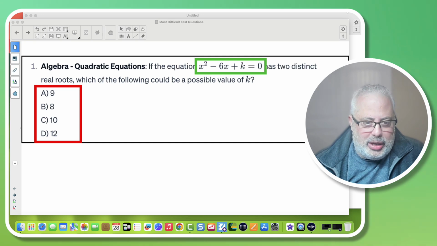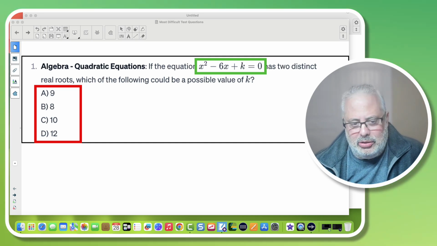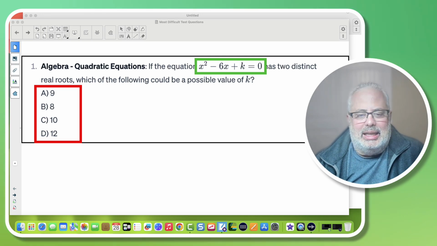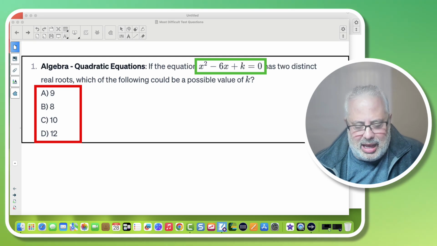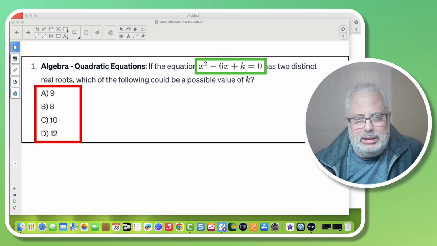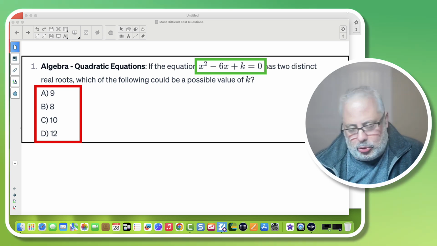And today, what we have is that question that you see there from algebra. It's a quadratic equation, and I'm going to tell you how to address this question in an easy way in order for you to save time for more difficult questions. Let's see how it goes.